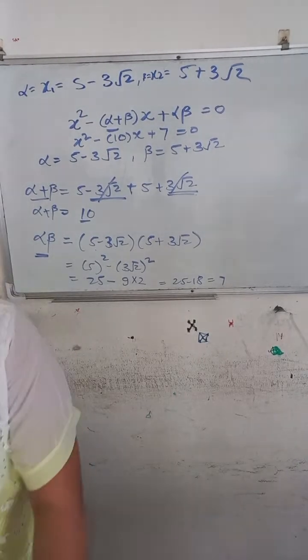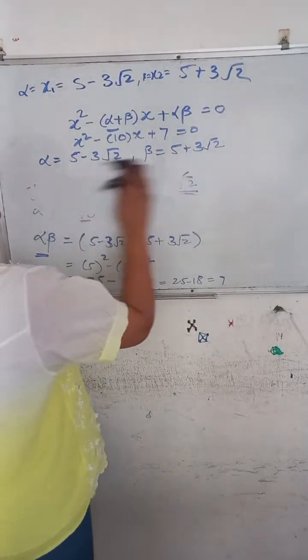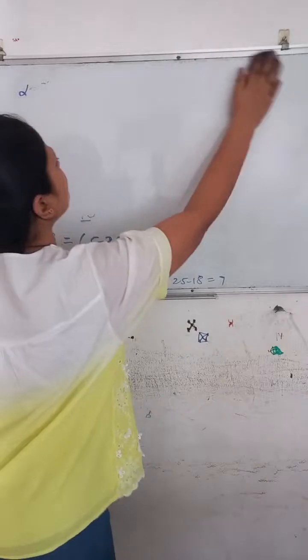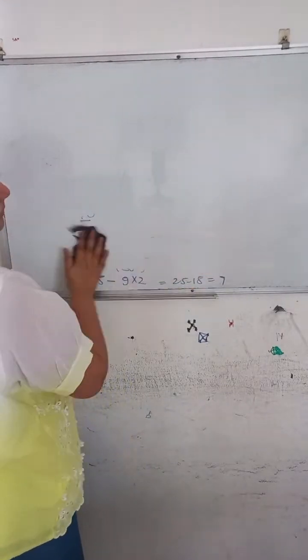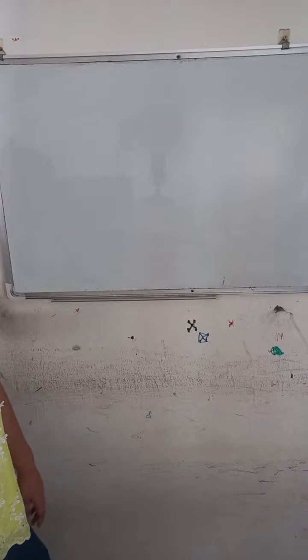If the zeros of the polynomial x square plus 4x plus 2a are alpha and 2 by alpha, then find the value of a.